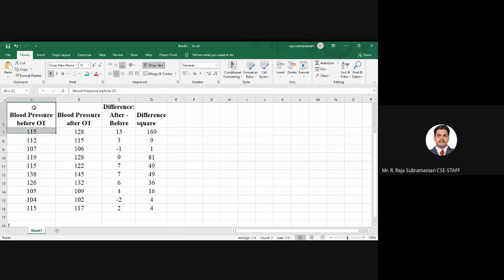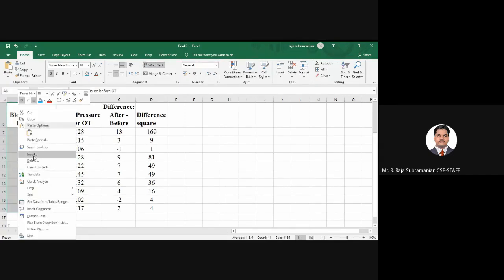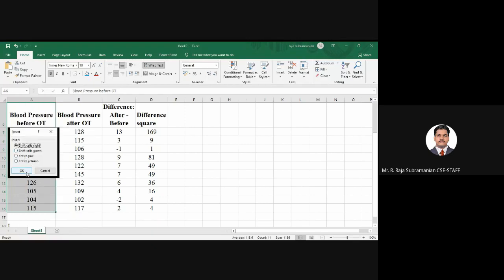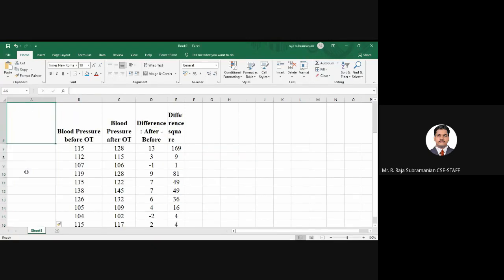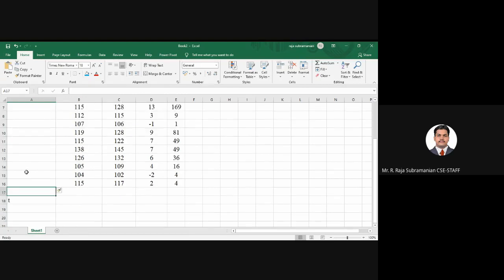I leave here one additional column to represent the labels. I leave a cell here. This is going to be sum and this is mean. I take the sum of all.